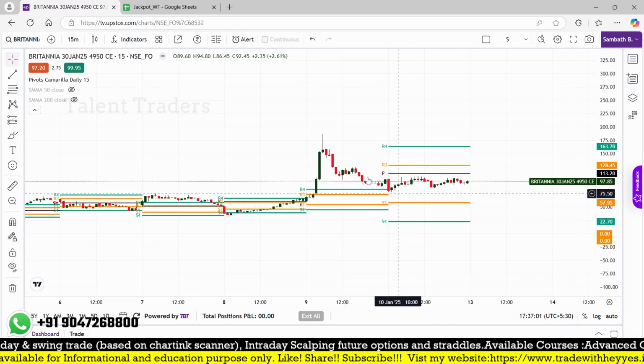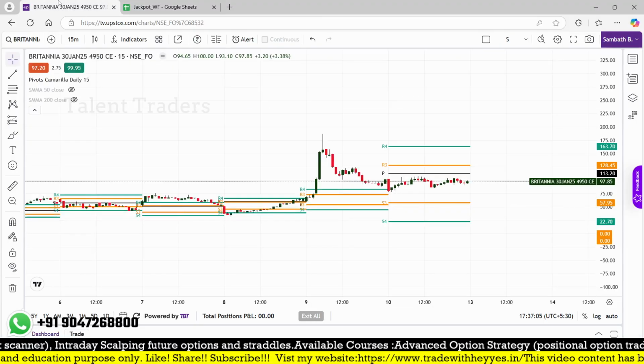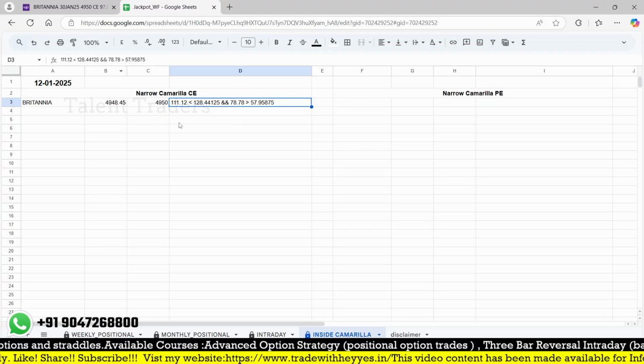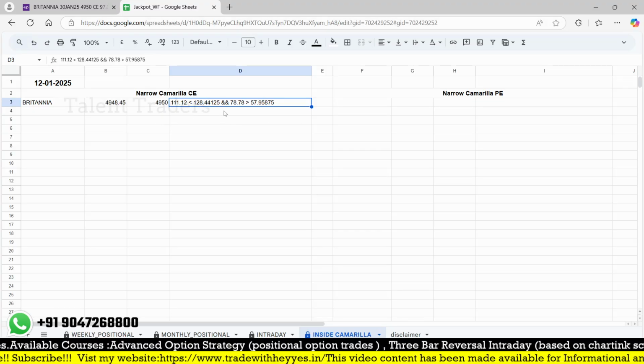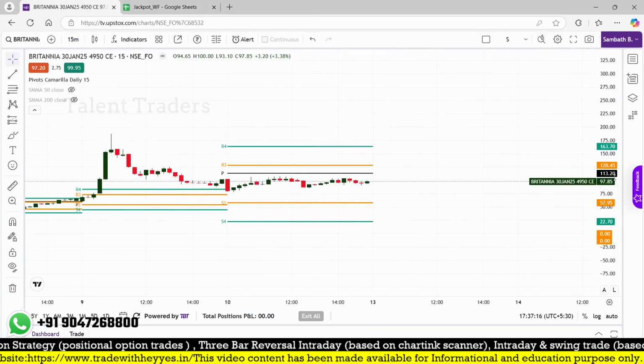So this is yesterday's level. Okay, 57.95, 111.2, I think 128 here. And the next day, tomorrow's R4 level is 111 and the S4 level is 78. So you can also check if the level is okay and the system works.